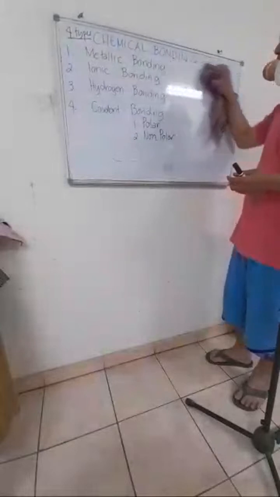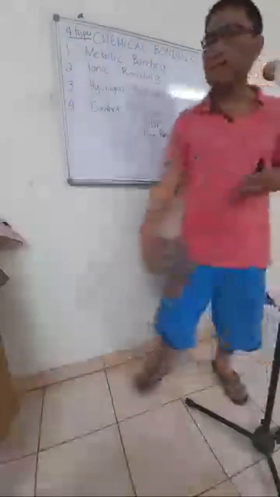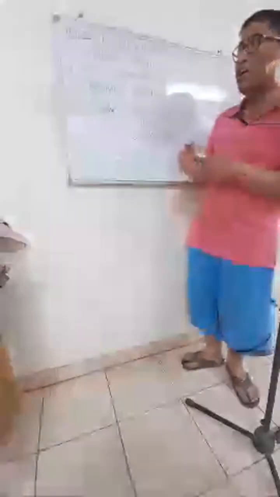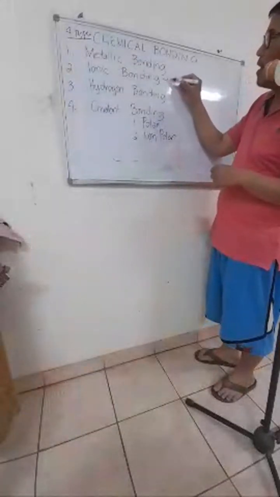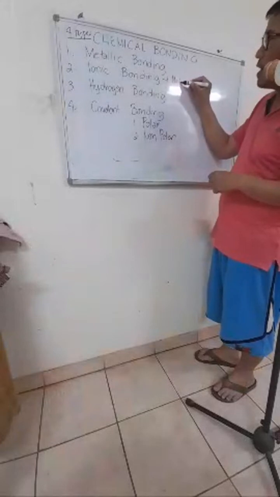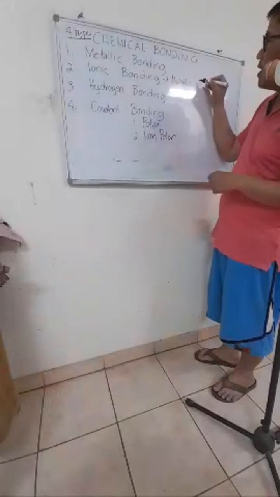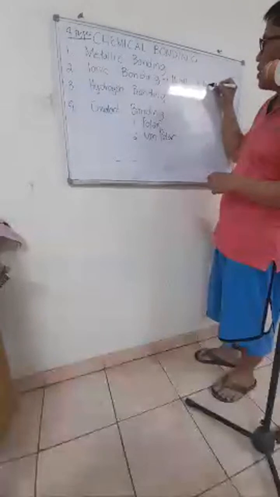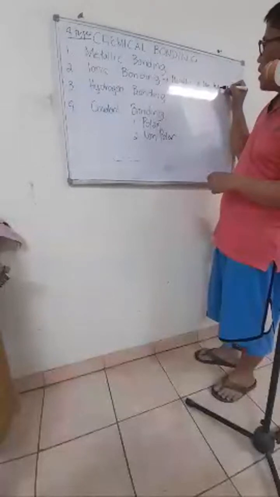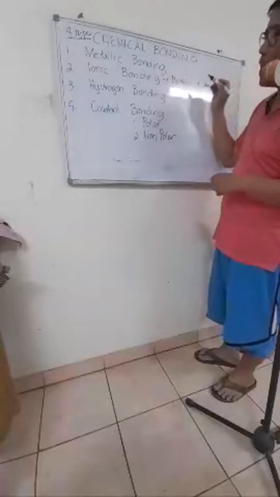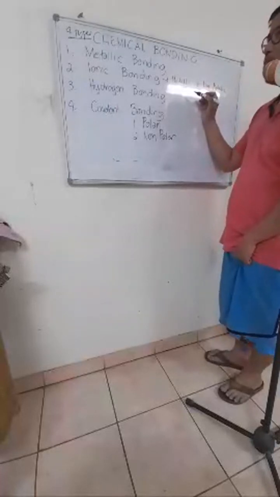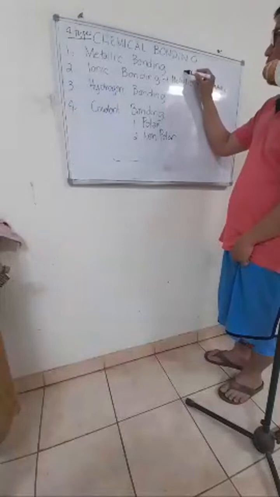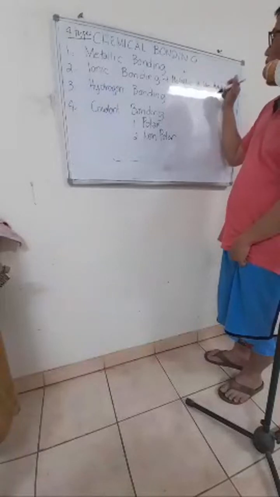Ionic bonding is the combination of metallic and non-metallic, driven by opposite formal charge, positive and negative.